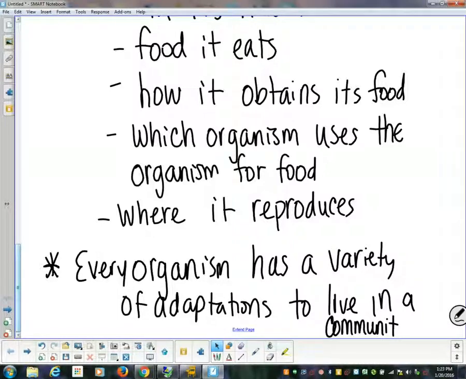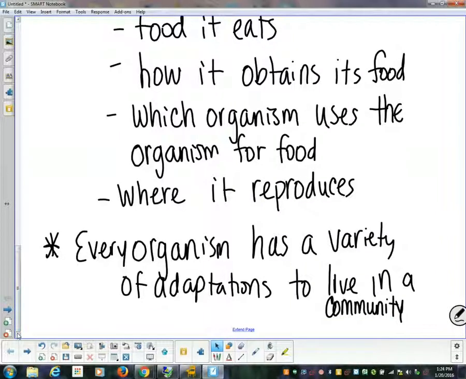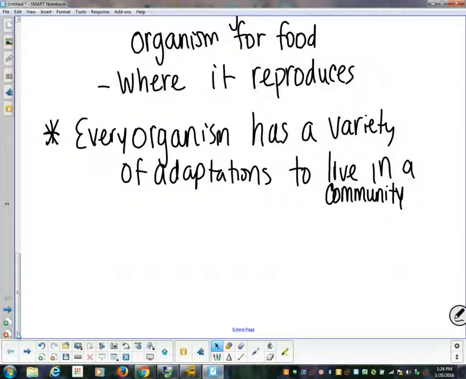Okay, whether it's its ability to get food, or whether it's ability to go after things, or its ability to hide from its prey, from the predators, if it's where it reproduces. So all of these things work together to keep the organism able to survive within its habitat.